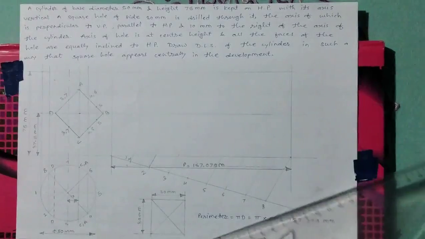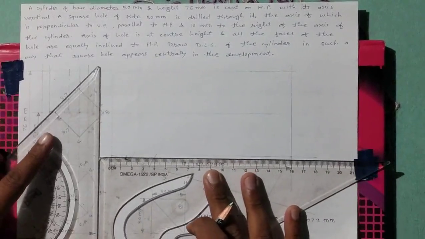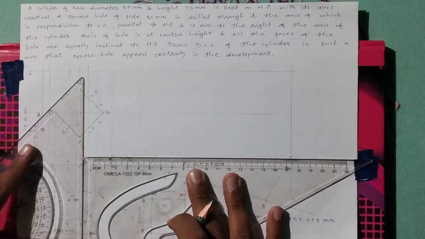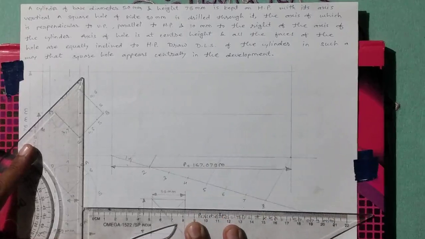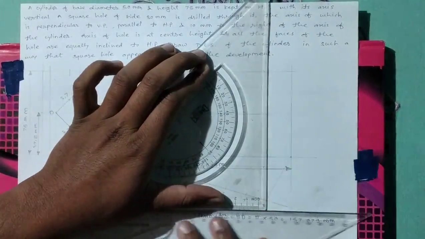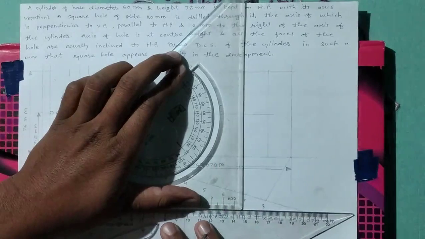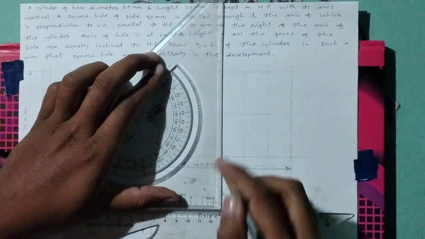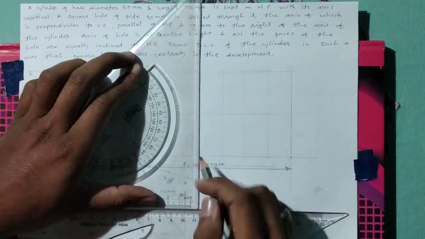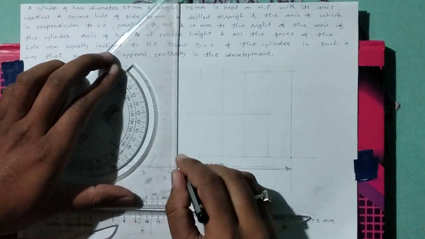After that, transfer all these points to divide this rectangle. It is very simple to divide the rectangle.